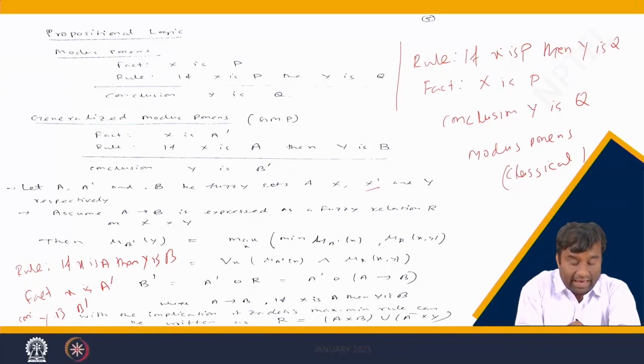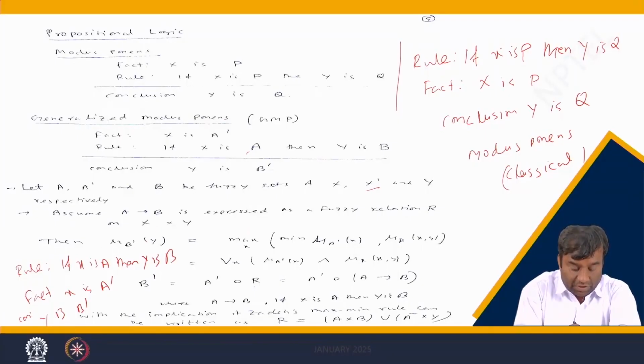So let A and B be fuzzy sets of x and y respectively. Assume the relation A implies B is expressed as a fuzzy relation R on x cross y.